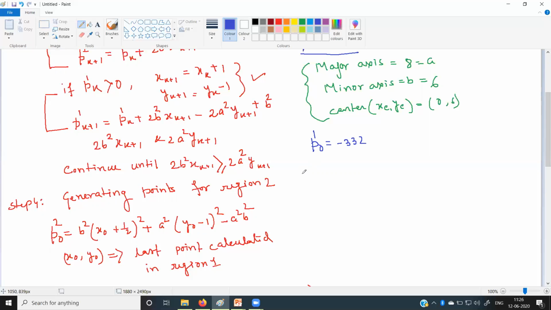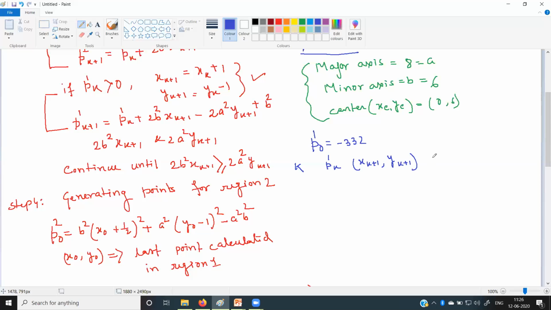Now we will make a table. Here k is my iteration number, pk is the decision parameter for region 1, then compute the value of x of k plus 1, y of k plus 1.